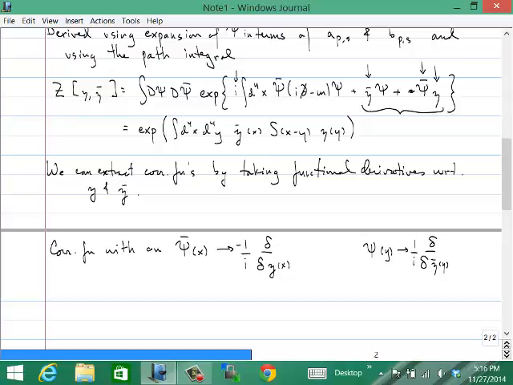So if this guy has momentum k, that's going to be minus i over k squared minus m squared plus i epsilon. And for an internal fermion, we have a minus i times the Dirac propagator in momentum space.